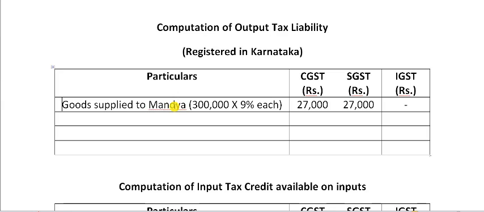Intra-state sale attracts CGST and SGST. 18% is the rate of GST, so we will divide that 18% among CGST and SGST equally, so 9% each. 3 lakh into 9% is 27,000. So output tax liability with regards to CGST is 27,000, with regards to SGST is 27,000. IGST, there is no output tax liability for this transaction.